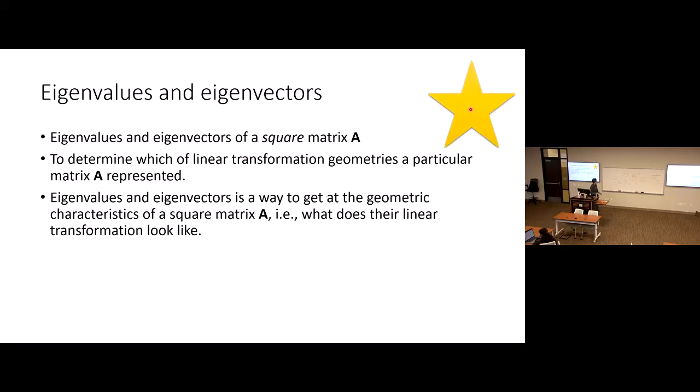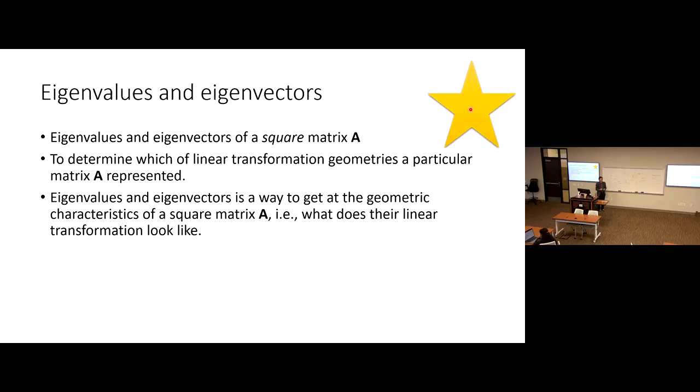So this yellow star is here, okay? When we talk about the eigenvalue and eigenvector system, we are dealing with a squared matrix. So A has to be square. Has to be 2 by 2, 3 by 3, 4 by 4.